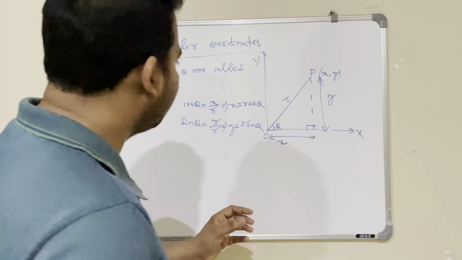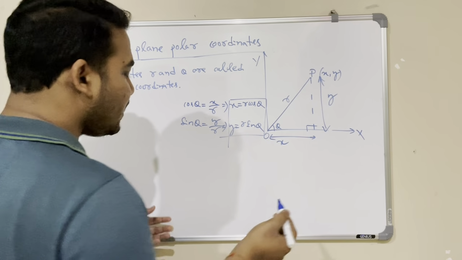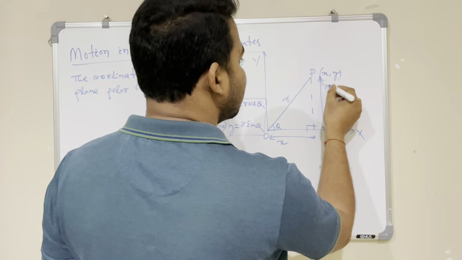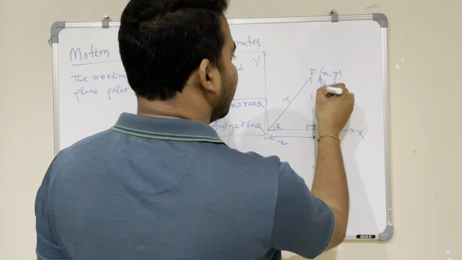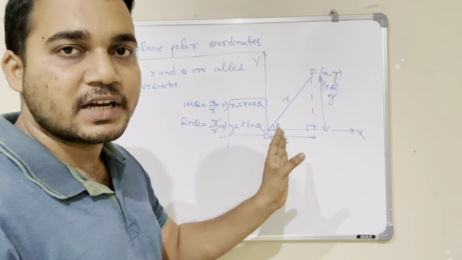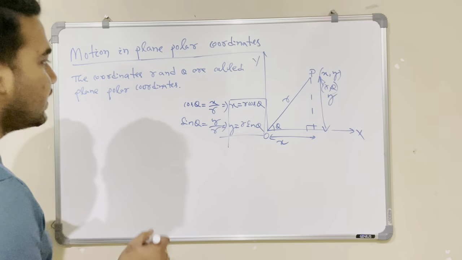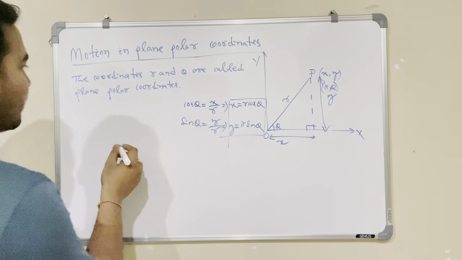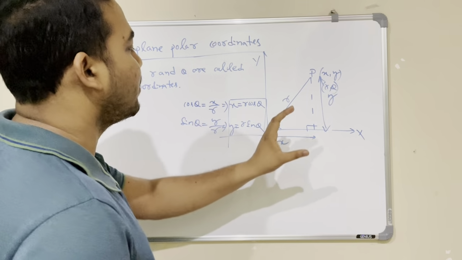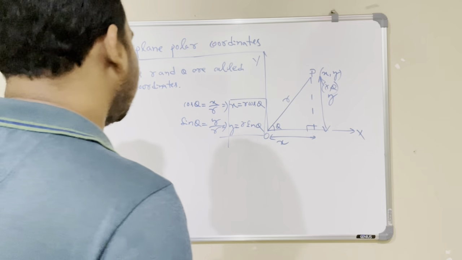These are the relations between the Cartesian coordinates x and y, and the polar coordinates r and theta. What is r? r is the distance of the point P from the origin, and theta is the angle it makes with the x-axis. So x equals r cos theta and y equals r sin theta.